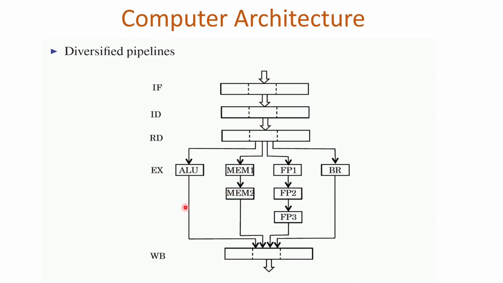Ultimately, after completion of the execution in different units depending on the instruction type, they come together again and are stored in the write back stage, just as in the previous cases, and the results are written back to the registers parallelly.